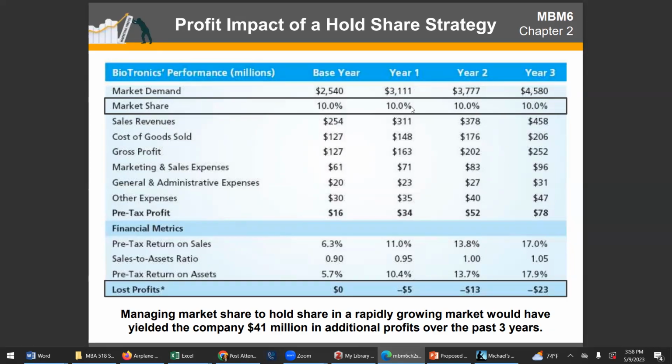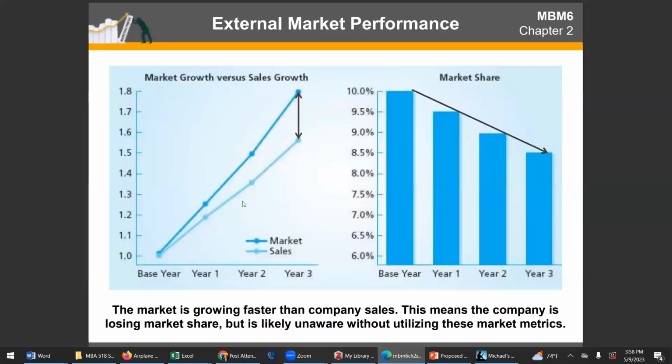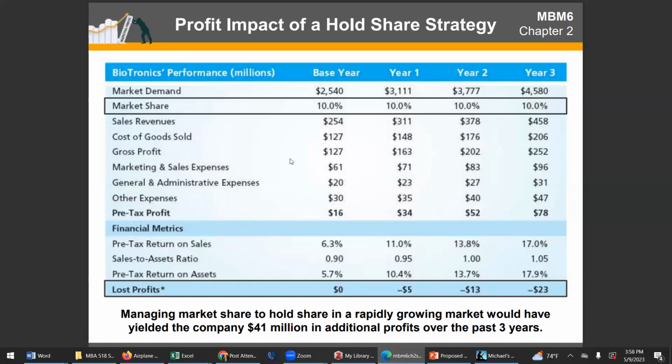If we were indeed able to hold that market share of 10%, which would be indicative of the fact that the slopes of these two lines, the industry and Biotronics itself, these lines would be parallel, the slopes would be equal, okay? But they're not.